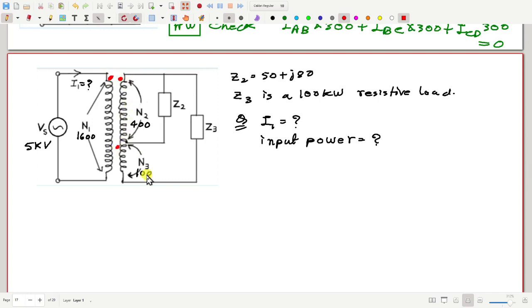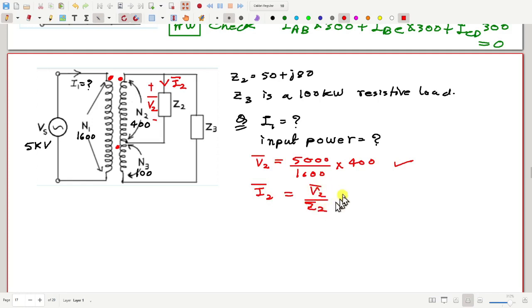Now if this voltage is V2, then V2 is how much? This will be 5000 by 1600 into 400, so you can calculate how much is V2. Then if this current is I2, I2 will be V2 by Z2.